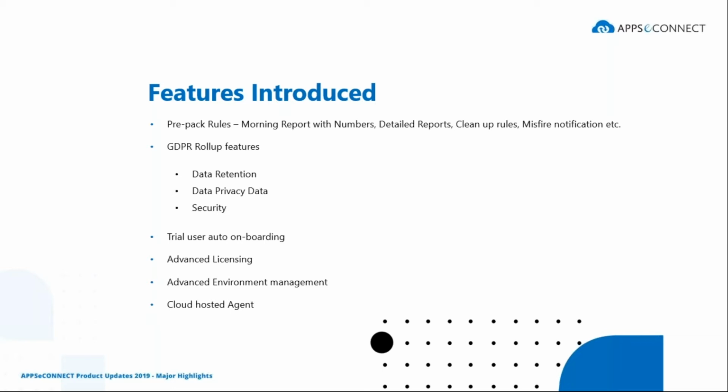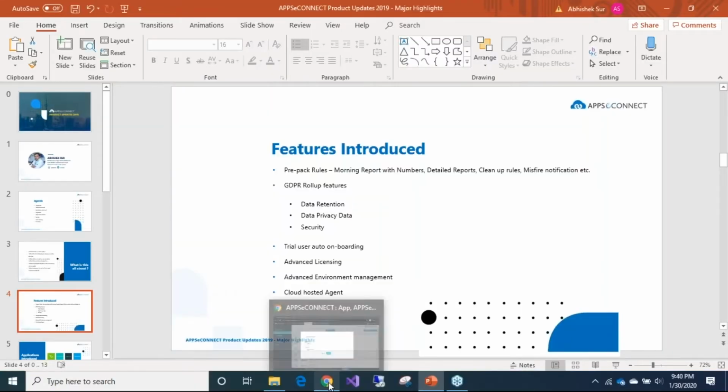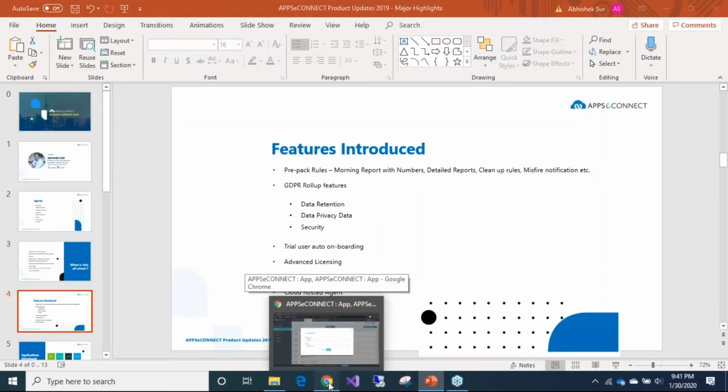We also have trial user onboarding, which allows any user to register an account on our application. By default, the user will be registered as a trial user, which can be upgraded later after payment. After registration and trial expiry, our team will contact you for payment. So let me show you how to create an account using the trial registration.